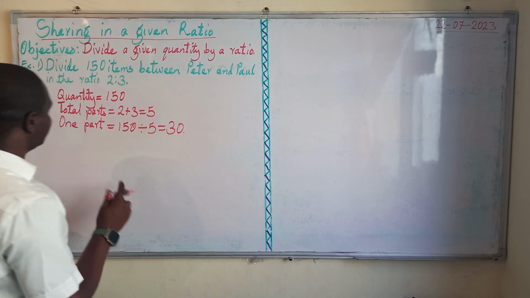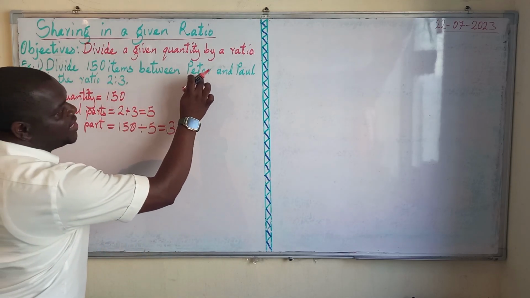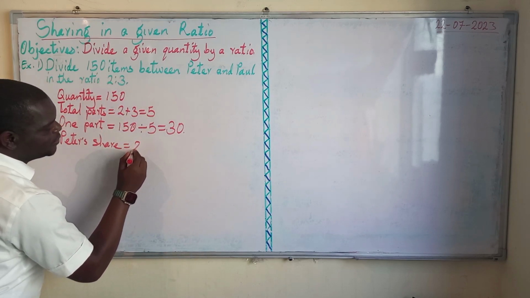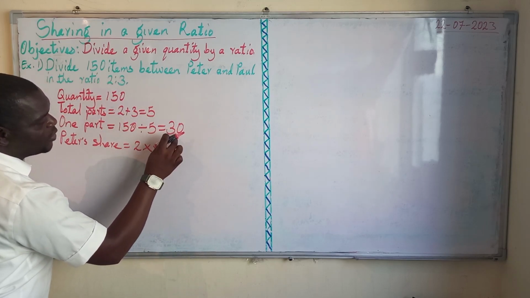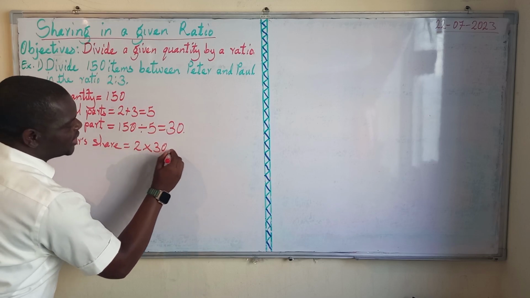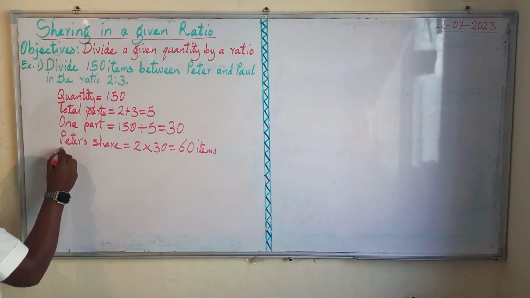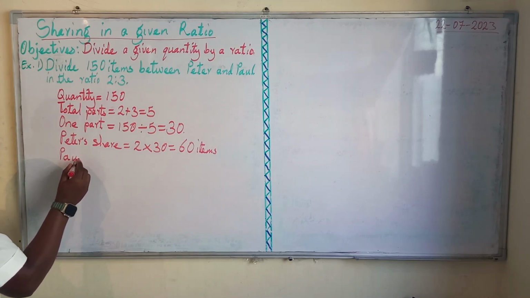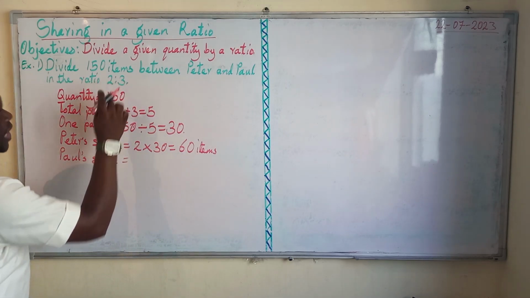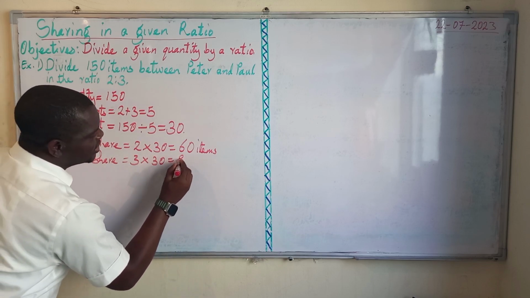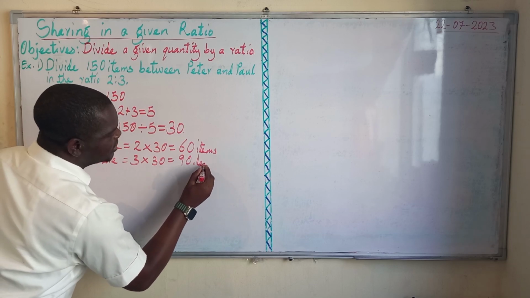If one part is 30, then it will be easy to find Peter's share. Peter has 2, so we have 2 times one part, which is 30, and this will give us 60 items. And we can equally calculate Paul's share, which is equal to, Paul has 3, and 3 times 30 will give us 90 items.